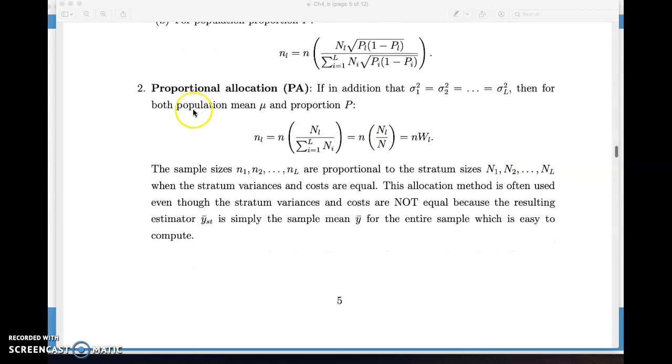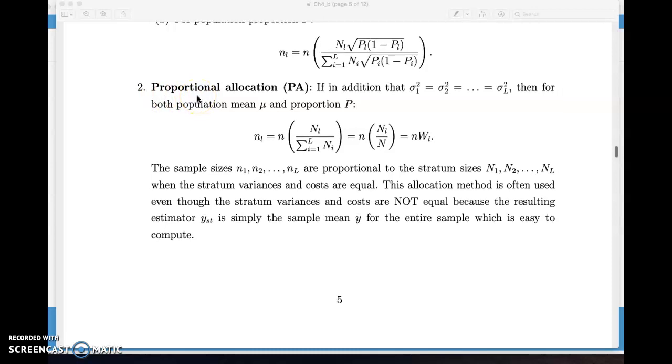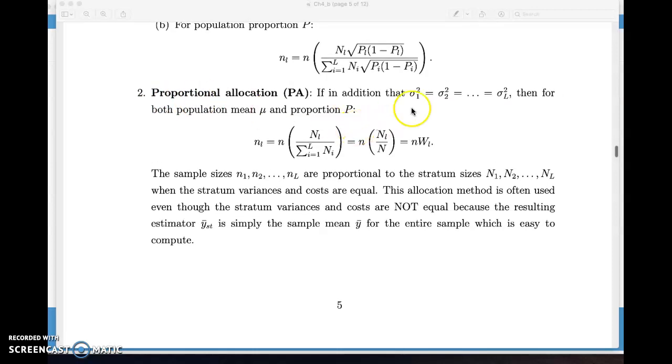The third allocation is the proportional allocation. Here we assume that all the variabilities, sigma, are the same across all the strata, as well as the cost. If that's the case, we only consider the population size as the factor determining the allocation of nL.